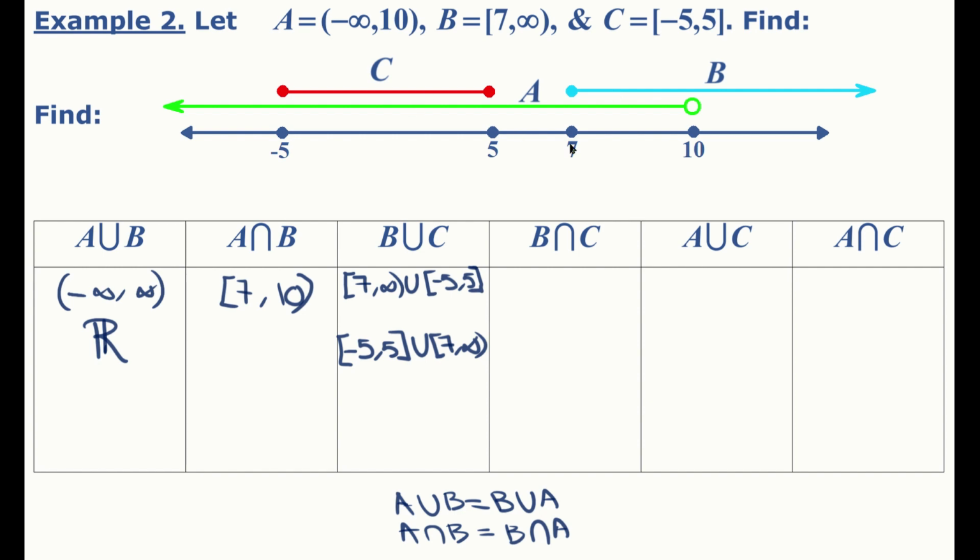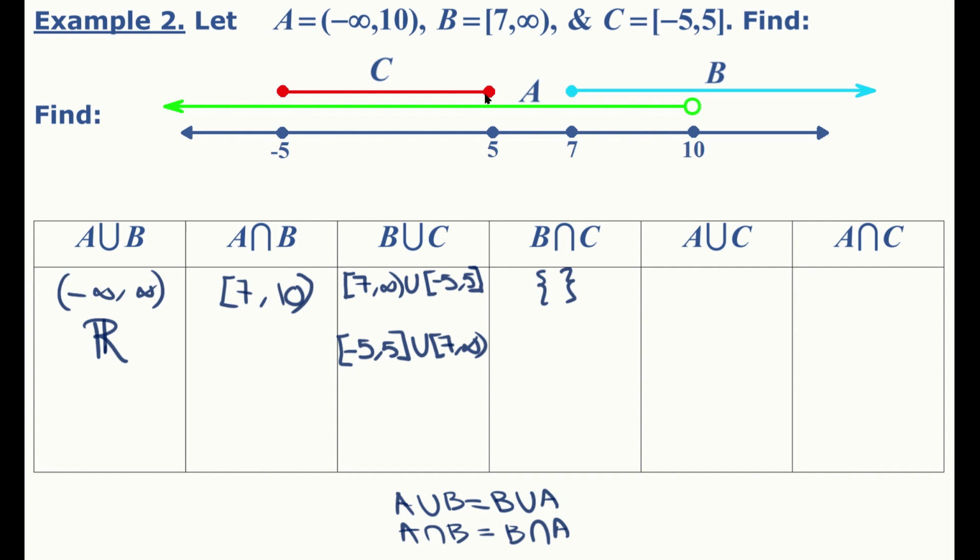All right, so B intersect C. Now we want to see what the aqua team and the red team have in common. Of course, as we just mentioned, they have nothing in common. So how do we indicate that? Well, two ways. If you want to use set notation with the braces, you can do so, just don't put anything in between.